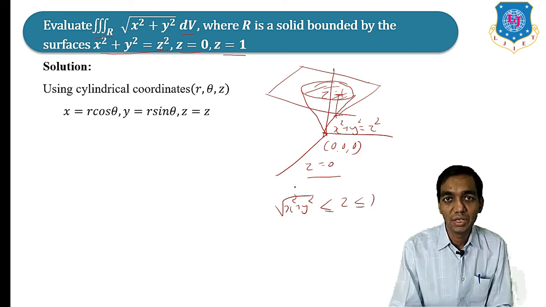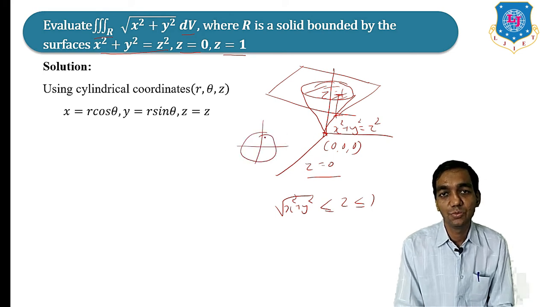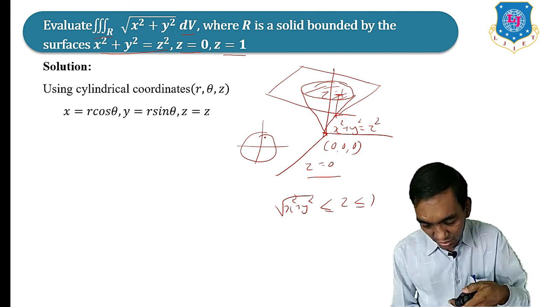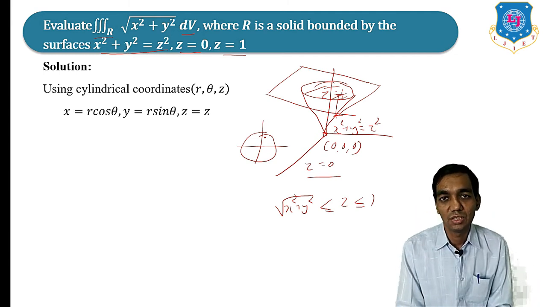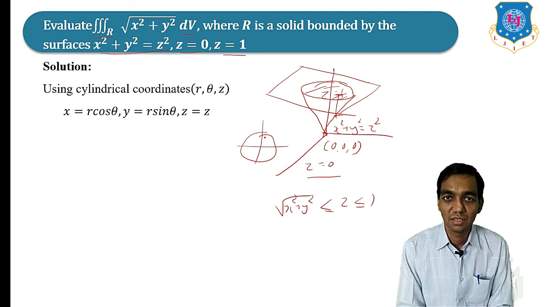Now the limits of x and y: the projection is going to be a circle, that is, if you look at the region from the top, it will be a circle.